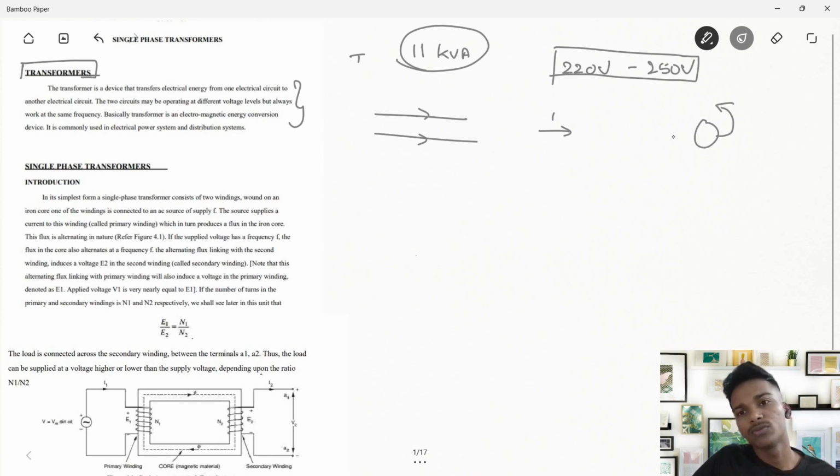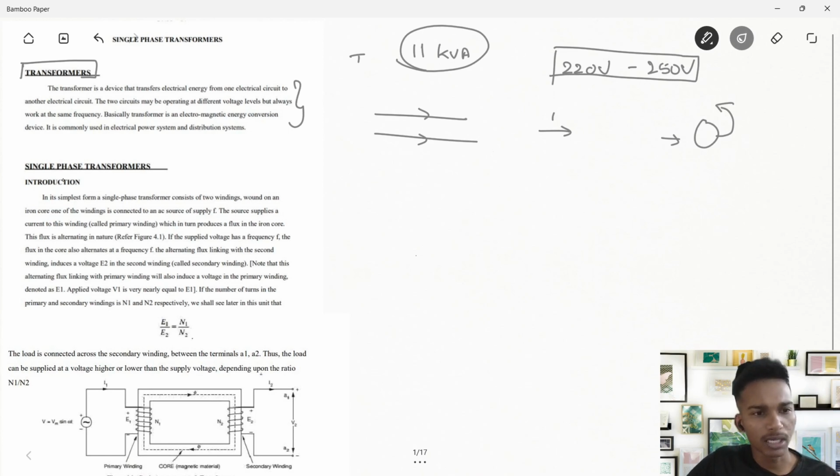So we use a transformer, which is step down or step up based on our needs. We will step down or step up the voltage, and correspondingly the current, and use it for our further usage. We will discuss all these step-up and step-down transformers in our discussion. Let's deep dive into this.